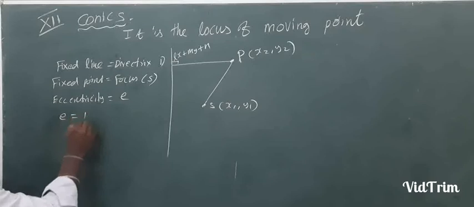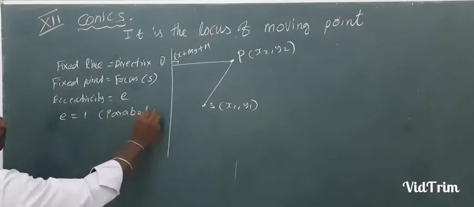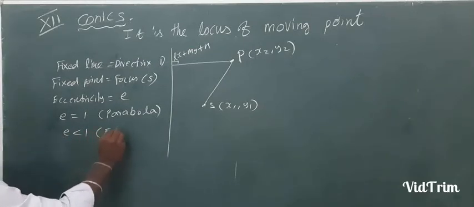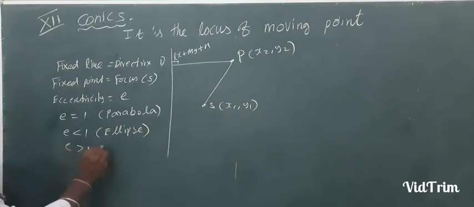If E is equal to 1, it creates a parabola. If E is greater than 1, it creates an ellipse. And if E is less than 1, it creates a hyperbola.